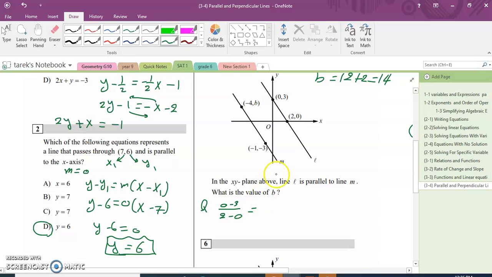Since it is parallel to the other line, which is this one, it has the same slope. So it will be negative 3 minus b over negative 1 minus negative 4, which means negative 1 plus 4.